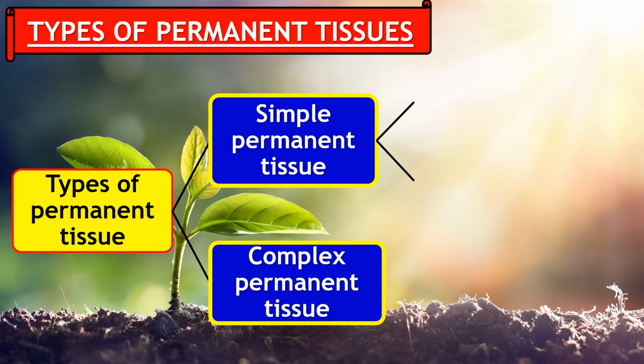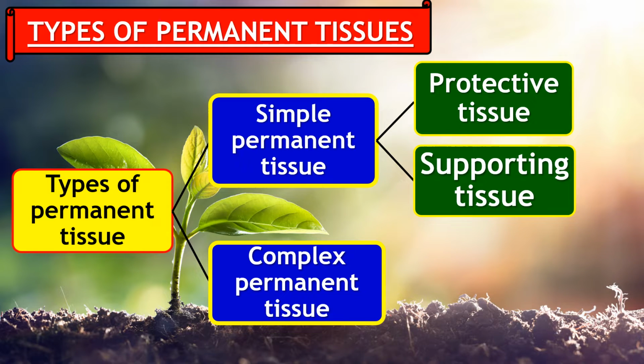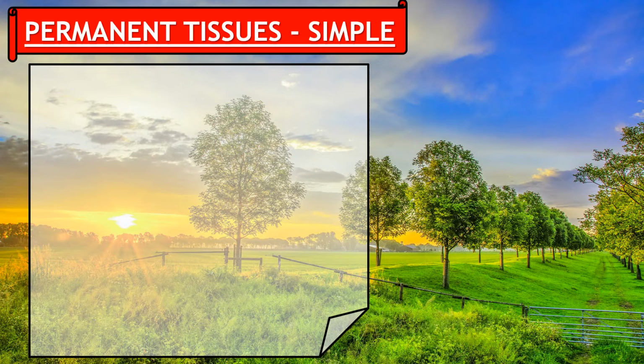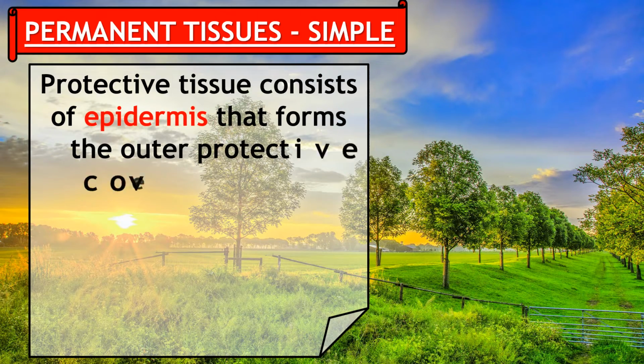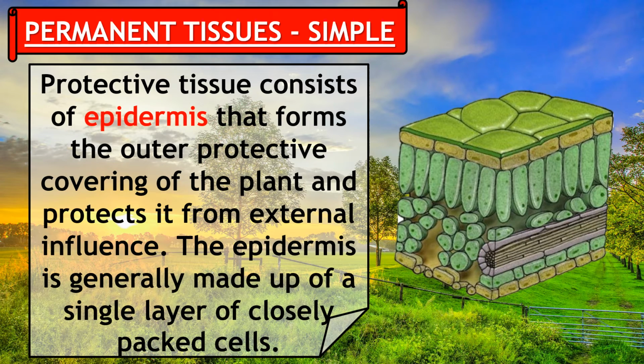Simple permanent tissue is further classified into two types: protective tissue and supporting tissue. Protective tissue consists of epidermis that forms the outer protective covering of the plant and protects it from external influence.